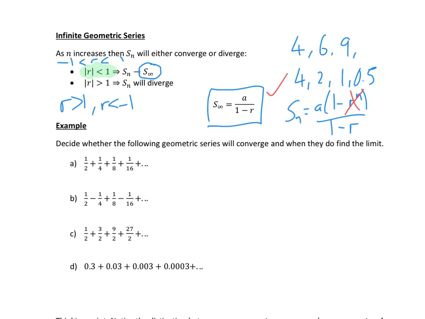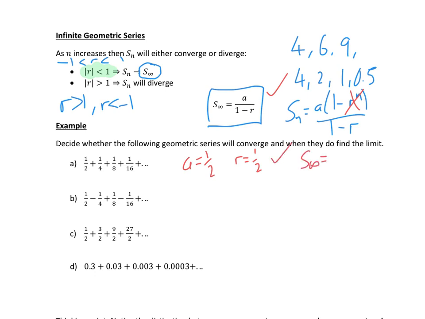Decide whether the following geometric series will converge, and when they do, find the limit. So for this first one, a is a half, and to get from a half to a quarter, I times by a half. That's smaller than 1, so it does converge.